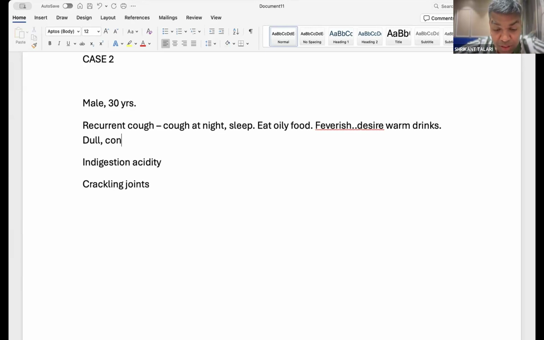I'm not able to concentrate at work, and all these symptoms will develop. Any other reason why you have cough? He says, no, it is a cumulative effect. That is all I can say.